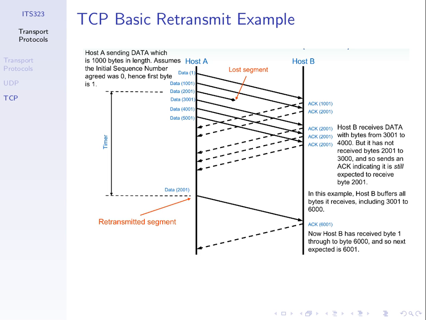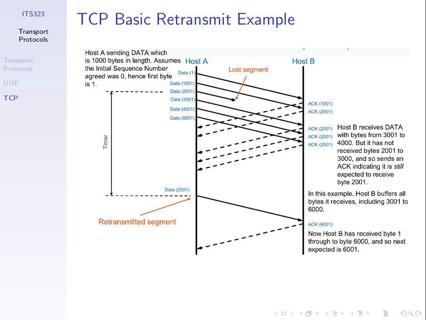We start our stopwatch to count and wait for an acknowledgement. If we don't receive an acknowledgement within some reasonable time, we'll retransmit that segment. That reasonable time is defined, it's our timeout period. So it's part of the protocol, or it's selected by TCP.